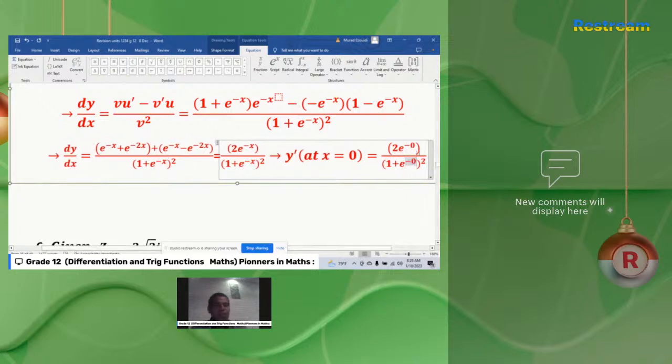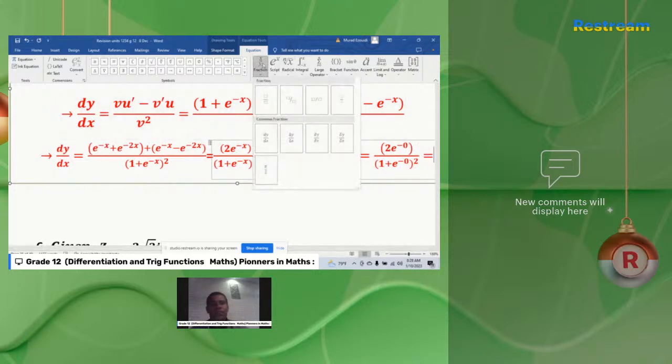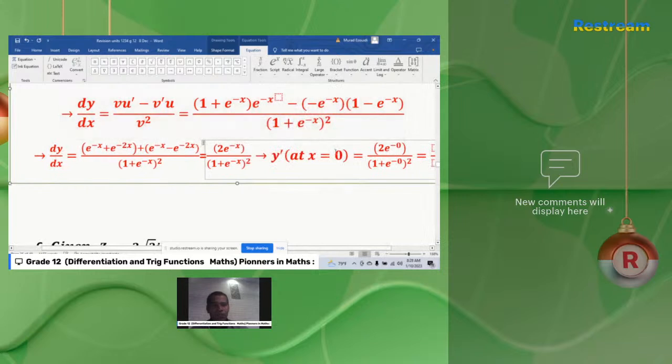It will be equal to 2 times 1 divided by 1 plus 1 squared, which is 2 divided by 4.